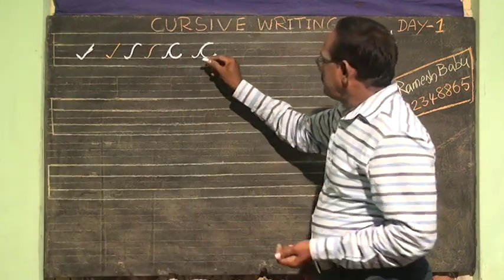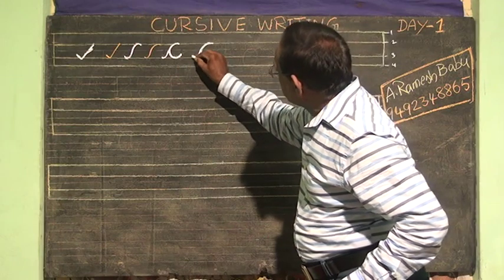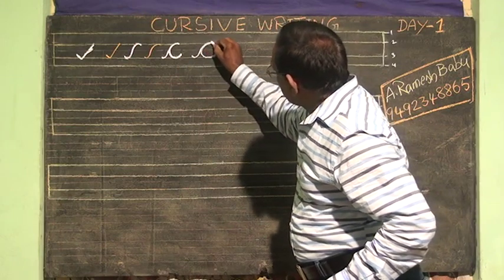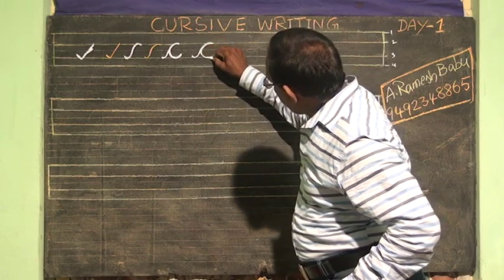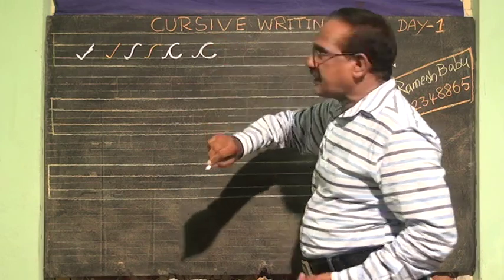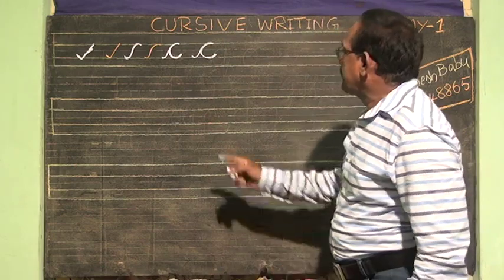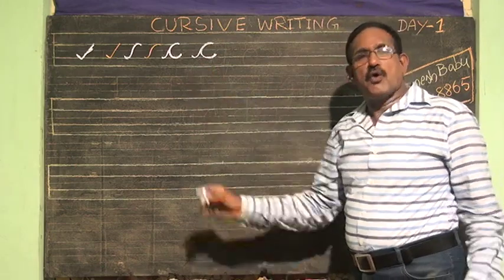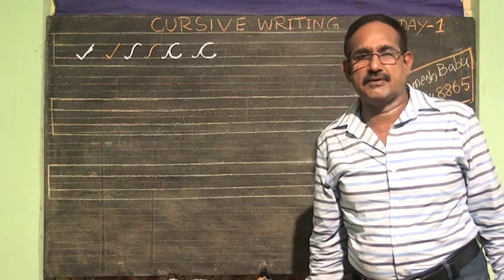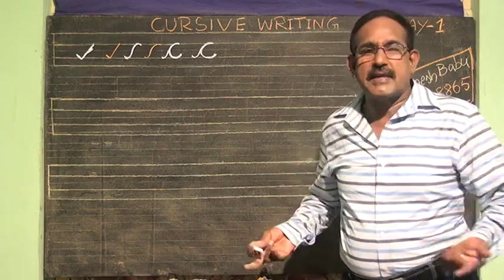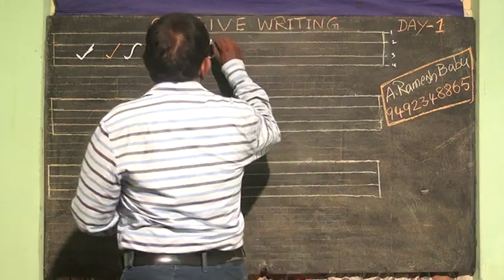First start here and then you come back on the same line. That is one of the main rules in writing cursive writing. If you practice this way, you know all letters. Automatically you will write all letters, no doubt about it. I make you practice. See now, this is the C.